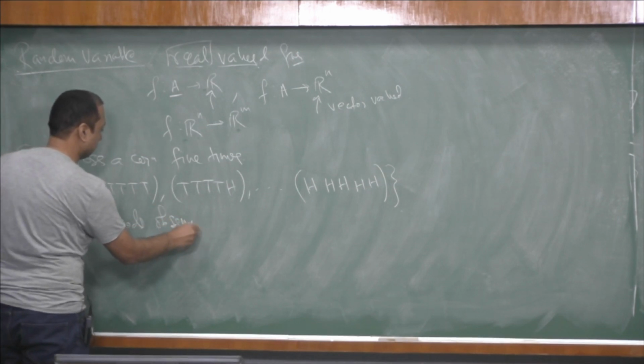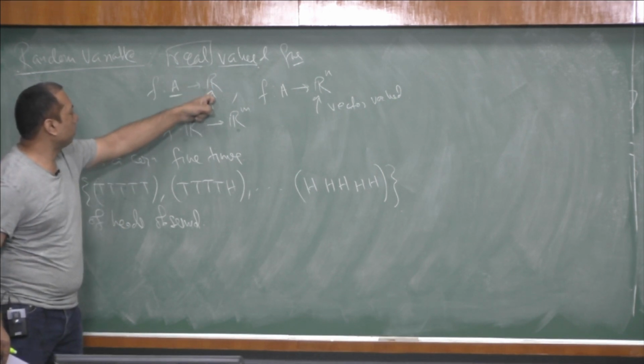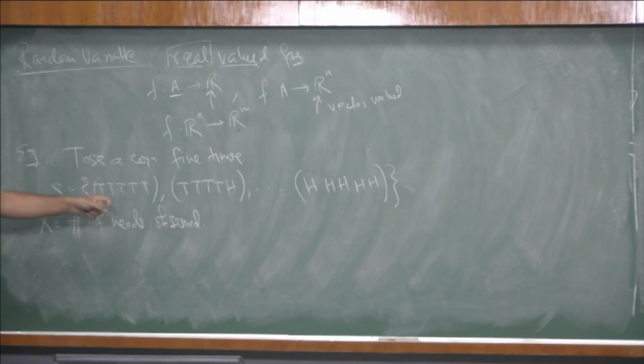observed. I have defined a variable x, and this variable x looks into the outcomes from the sample space, and then it gives me some number. So this is of this form, real valued. In this case it's integer valued, but in general it could be real valued. What x does is work on the sample space and give me the number of heads observed.